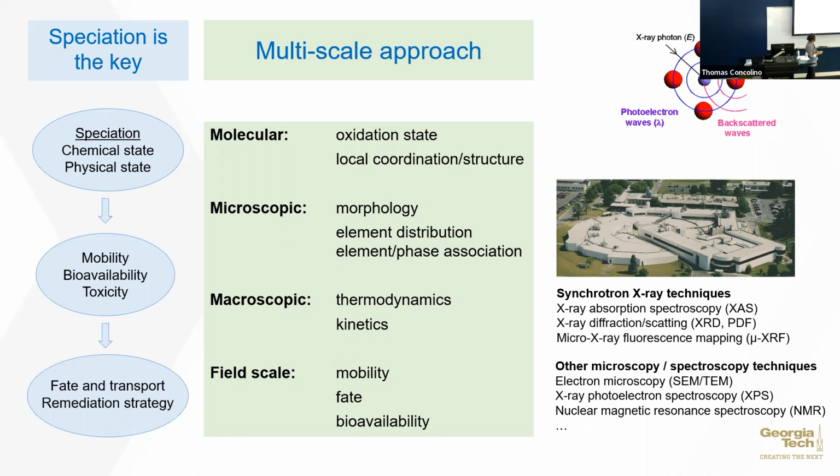So we use a lot of synchrotron X-ray techniques such as spectroscopy, diffraction, scattering, and micro X-ray fluorescence mapping combined with micro X-ray absorption spectroscopy, as well as other microscopy and spectroscopy techniques such as SEM/TEM, XPS, and NMR.